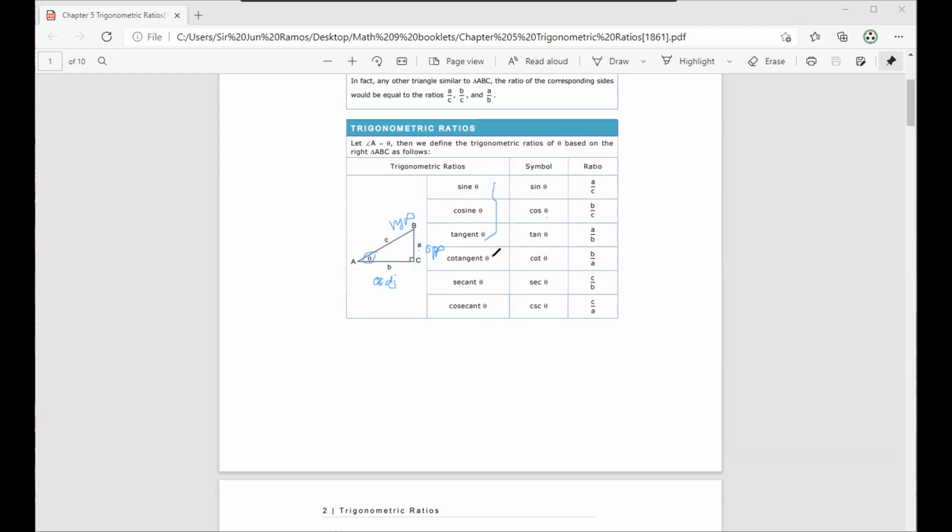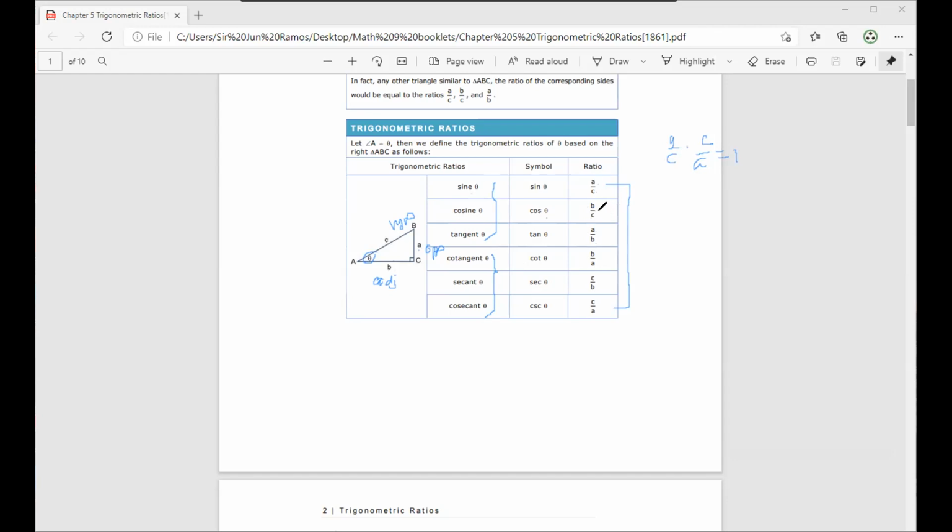These three other functions here are the reciprocals of the ones above. So if you will notice, sine and cosecant are reciprocals. If they are reciprocals, that means their product is equal to 1. So A over C times C over A is equal to 1, which means sine theta times cosecant theta is actually 1.